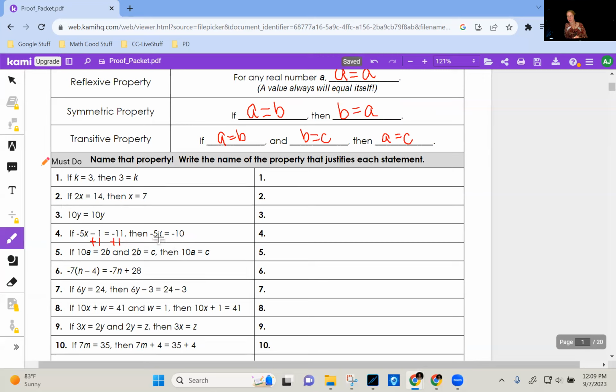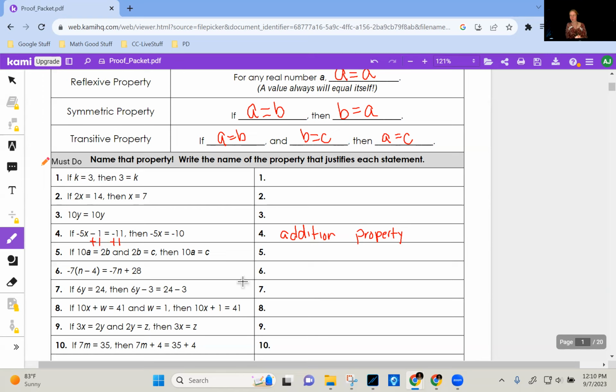So now I have negative 5x equals negative 11 plus 1, which is negative 10. That means the property I used is the addition property. A lot of students trip up here because they see this negative and think it's subtraction. But don't look at what it is. Think about what process you do to go from one step to the other.